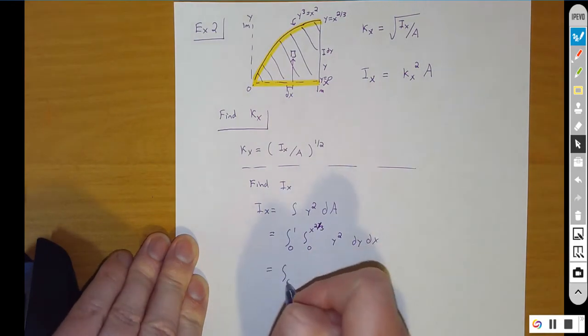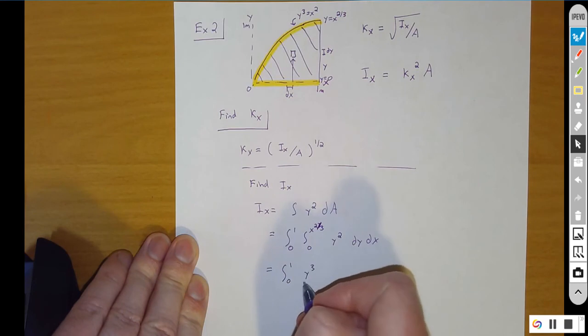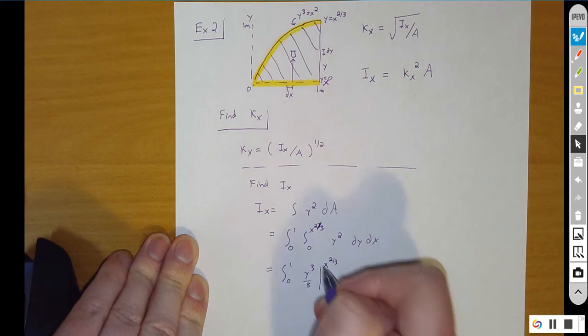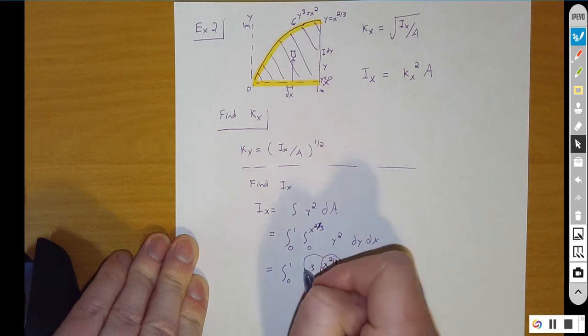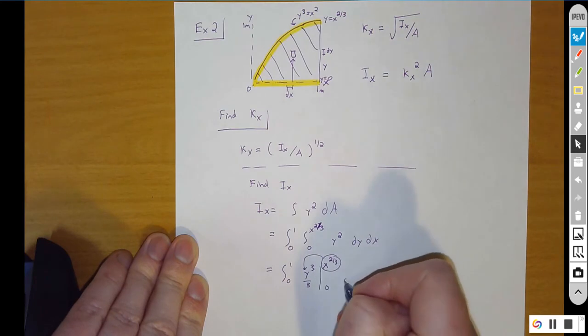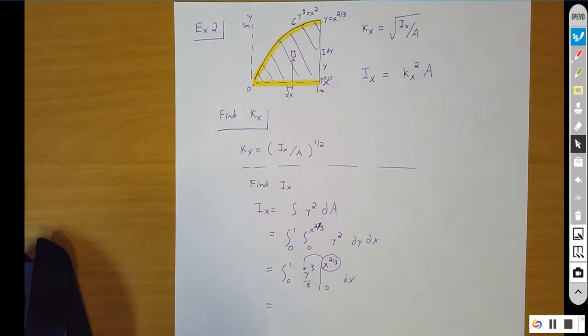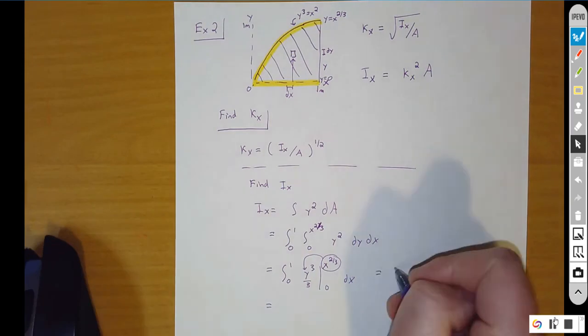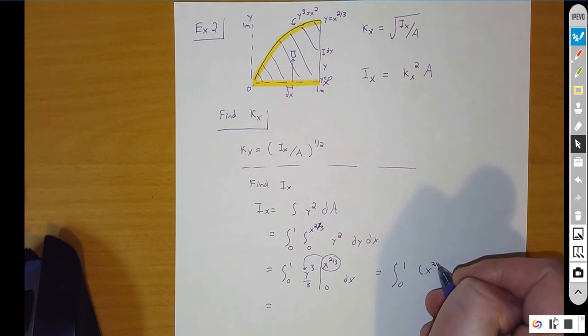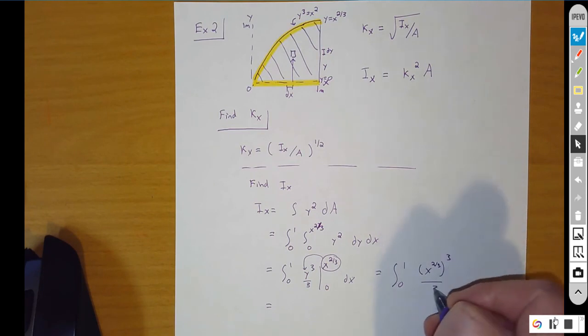So you do that, you get a y cubed over 3, and then we get an x to the 2/3 to 0. So that x to the 2/3 is going to come in here for the y. The 0 is just going to go, and nothing's going to happen with that. We'll get an x to the 2/3 raised to the 3rd power all over 3.